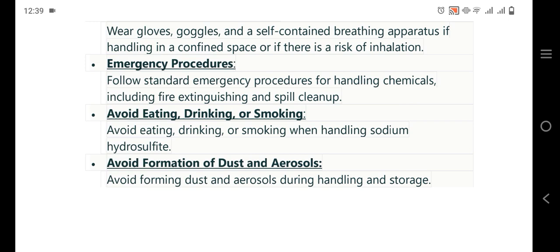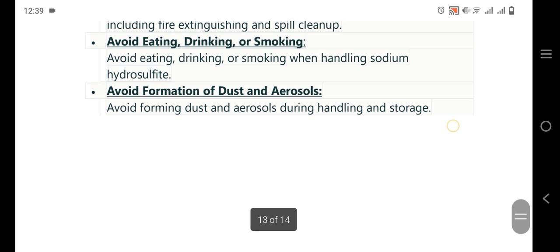Avoid eating, drinking, or smoking while using any chemical. So we must avoid eating, drinking, or smoking when handling sodium hydrosulfide. The next one is to avoid formation of dust and aerosols. Avoid forming dust and aerosols during handling and storage.